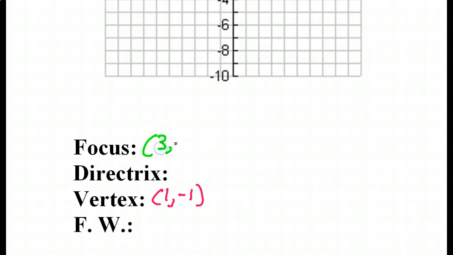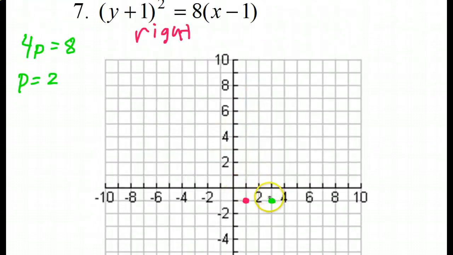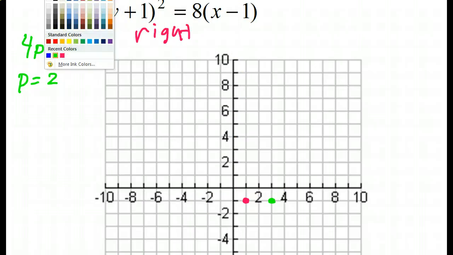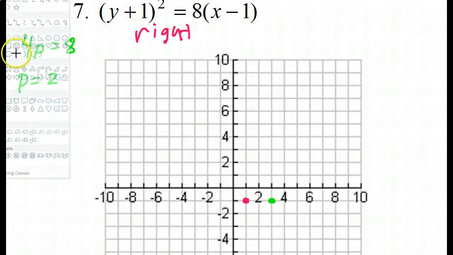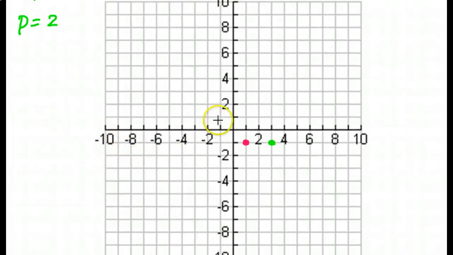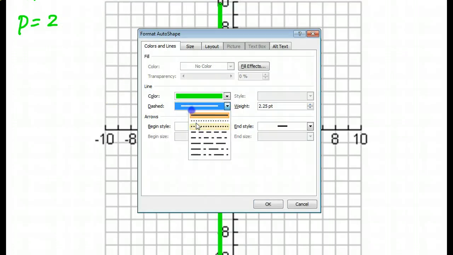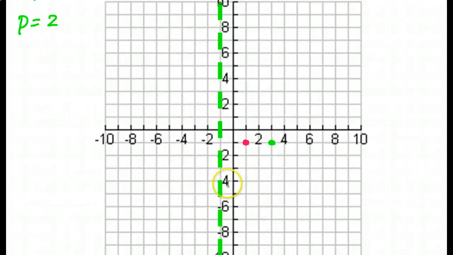Now my directrix should be in the opposite direction. If I go 2 in this direction, it puts me here. So there's my directrix, and that's x equals -1.